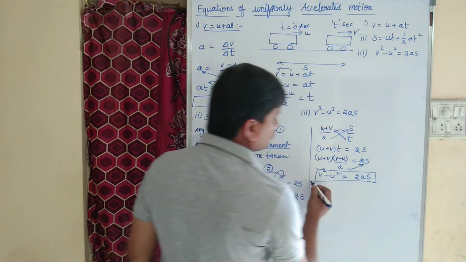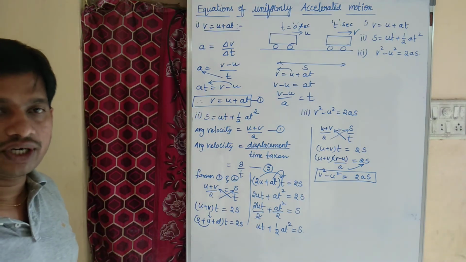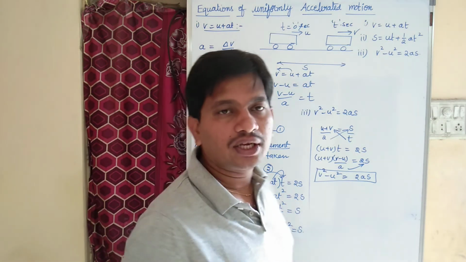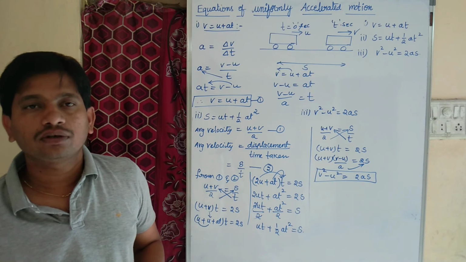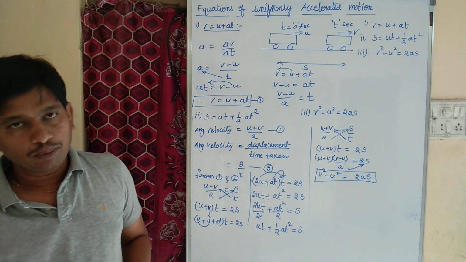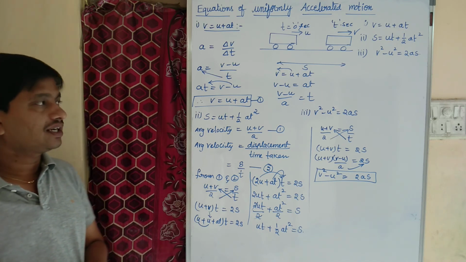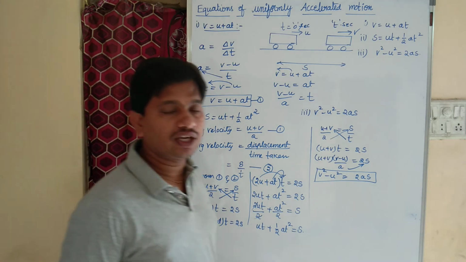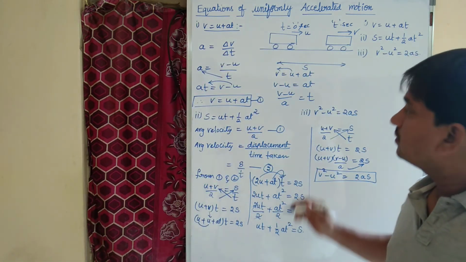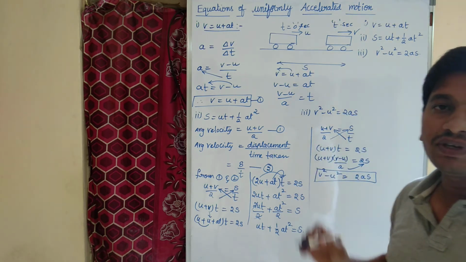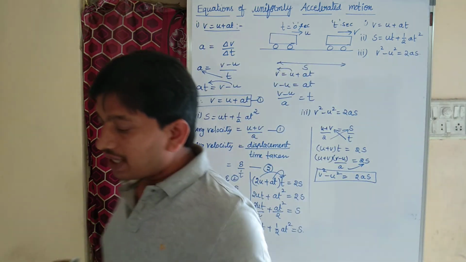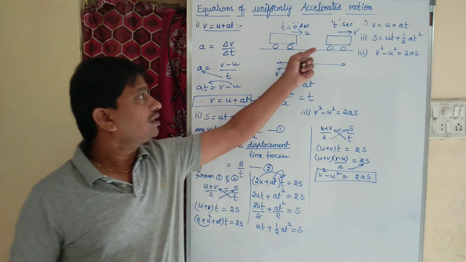So that is our third equation of motion: v square minus u square is equal to 2as. These are the three equations of motion for bodies which travel with uniform acceleration. The first one is v equal to u plus at, which gives the velocity acquired by a body in time t.